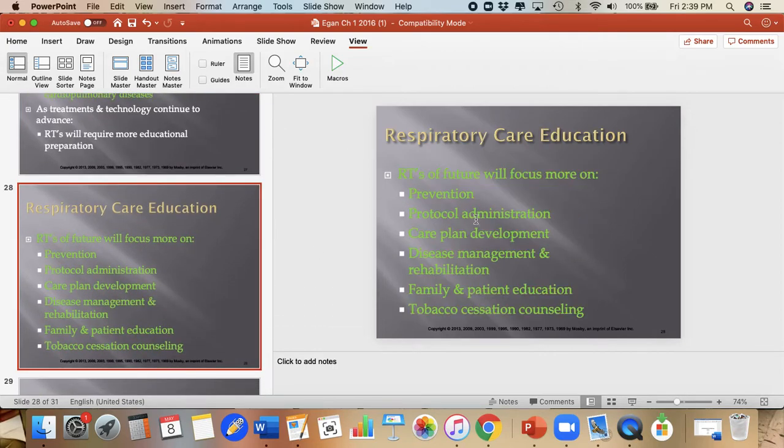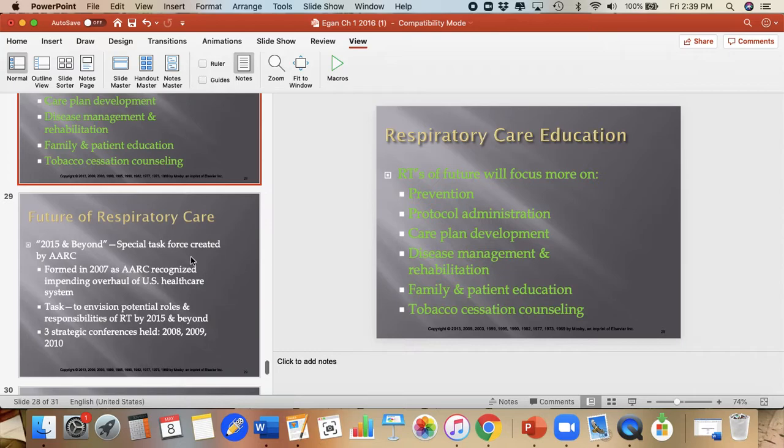In the future, moving forward, these are the areas of focus that the field of respiratory care is focusing on: prevention, protocol administration, care plan development, disease management and rehabilitation, family and patient education, and tobacco cessation counseling. And I would even add education with vaping and the cessation of vaping as well.